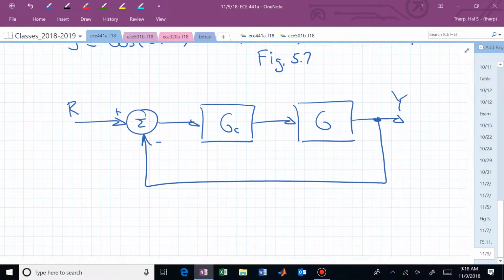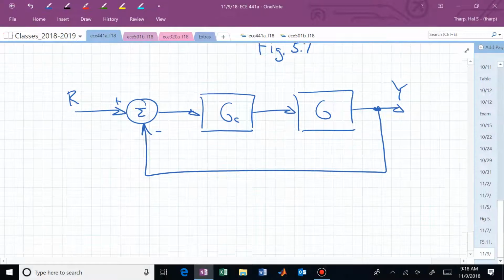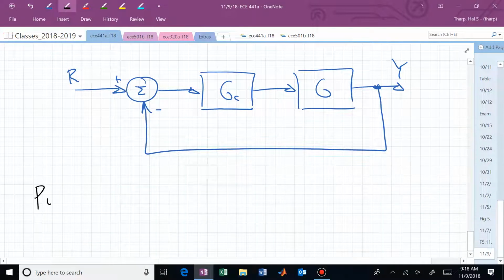Suppose now we say, let's evolve these controllers. Let's see really how complicated of a controller I need to achieve the behavior that I want. So let's start basic. Let's just say that we want a pure gain controller.